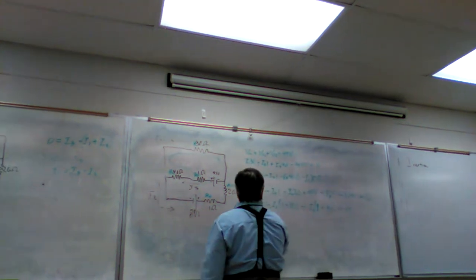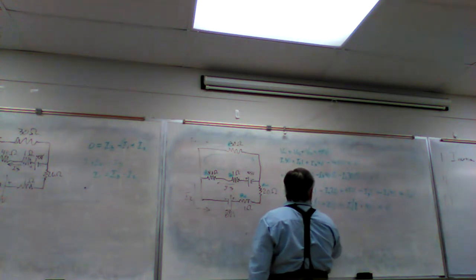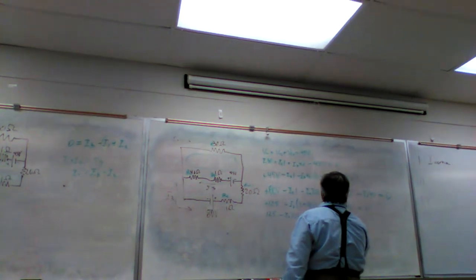So let's write it as 125 minus I2 times 21, minus I3 times 41 equals 0.